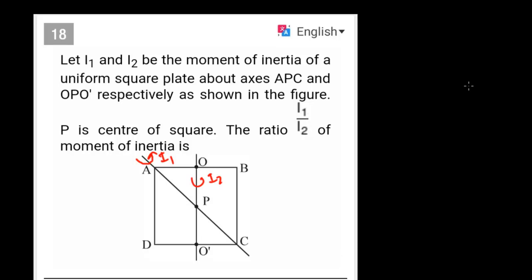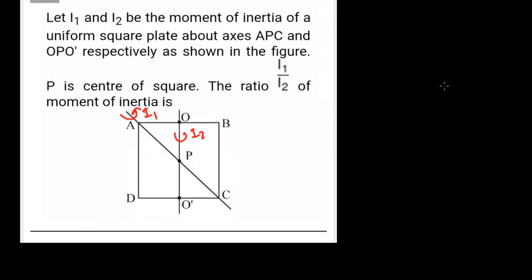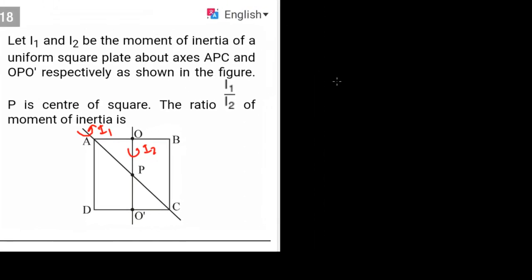Now one thing I want to tell you: if I have a rectangular plate, its length is a and width is b, and this is the axis about which the moment of inertia is to be calculated.